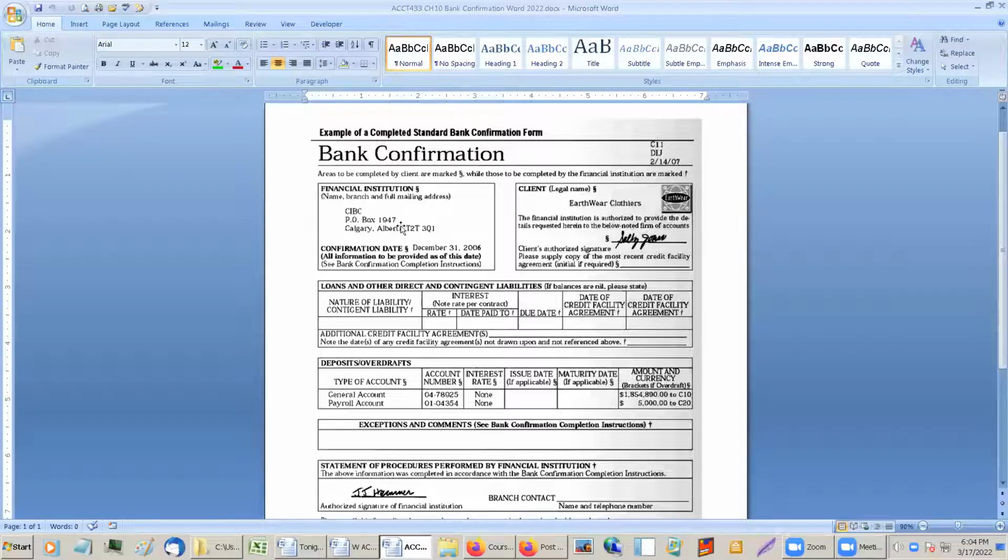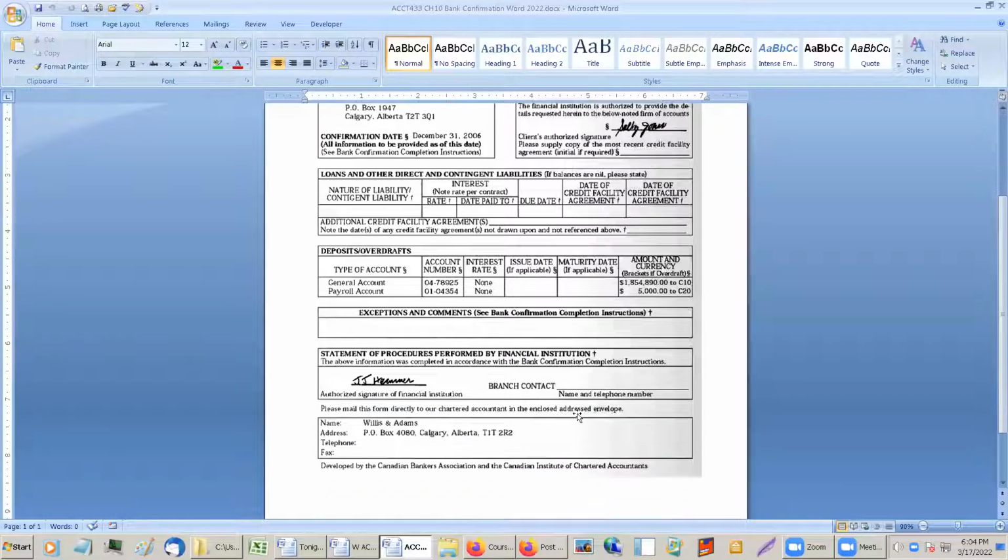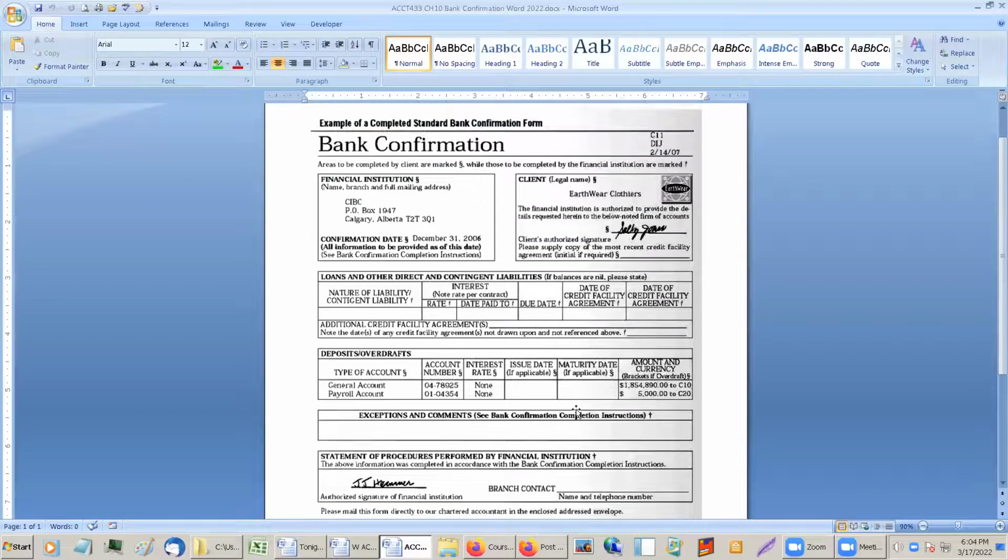I think you guys have seen bank statements. You have your checks and your deposits and withdrawals and so on. A big list of what went on in the account, what day it happened and all that kind of stuff. The bank confirmation is, as you can see here, a very scaled down document. There's no transactions in it. None.